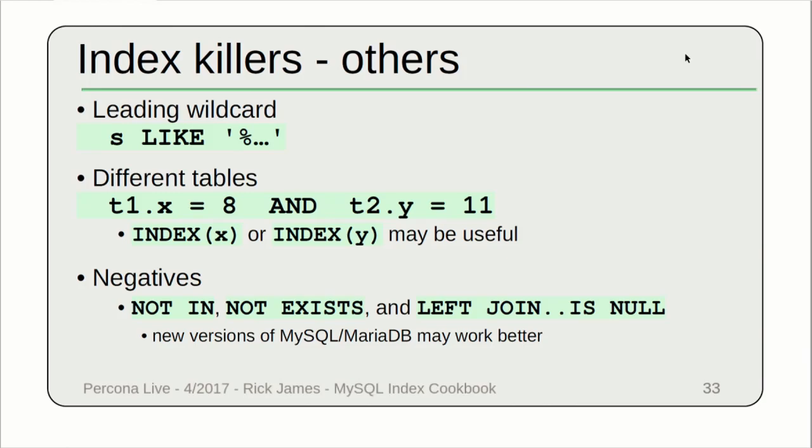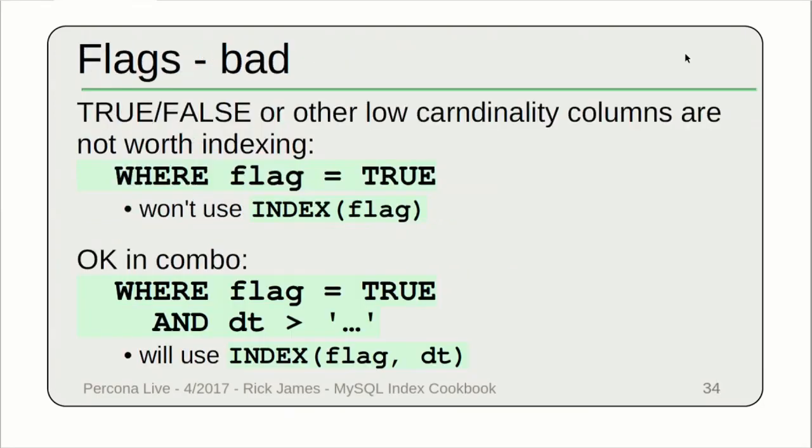Negatives tend to be bad. There are exceptions, and I waffled here. The exceptions tend to be in newer versions. Older versions are pretty bad about optimizing these. Flags: index a flag. Half the rows are true, half the rows are false. Put an index on that flag.